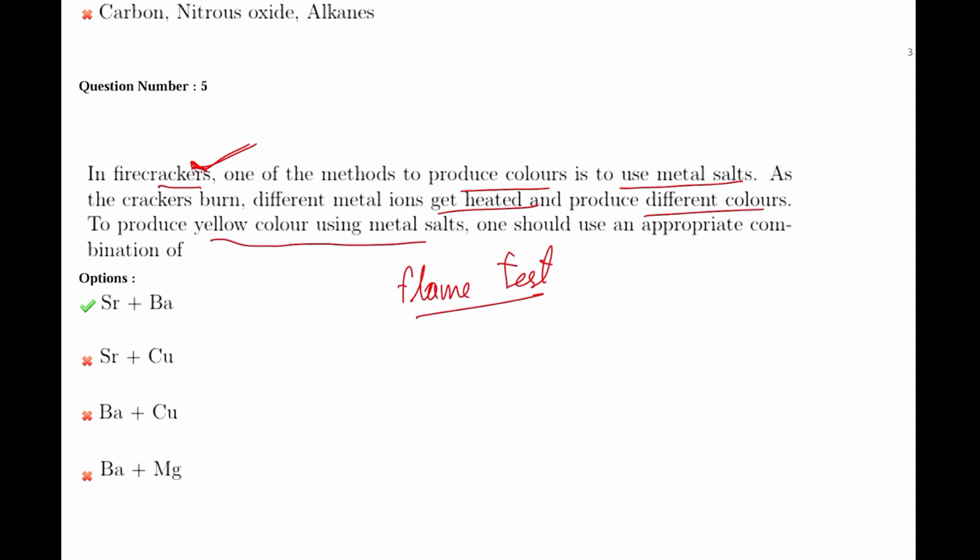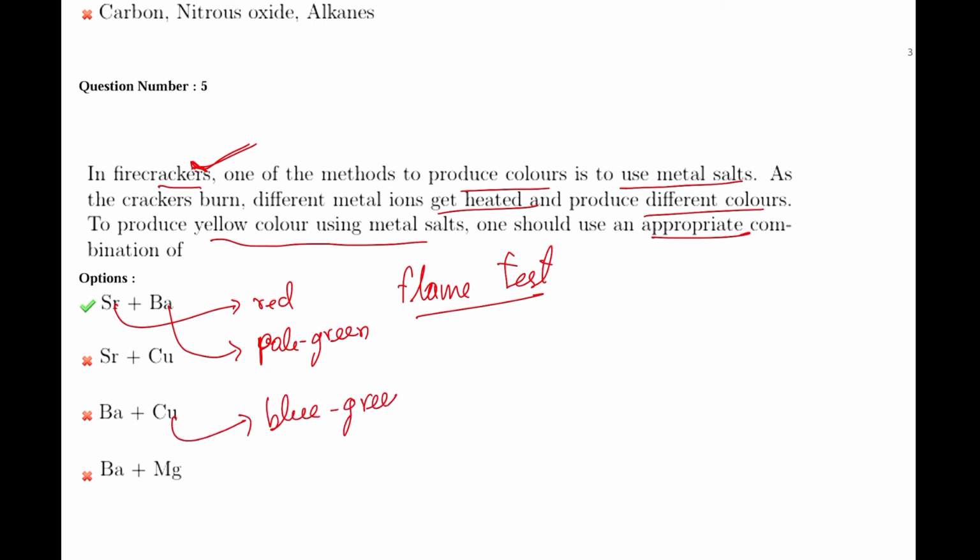Now you want to produce yellow color. Which one should you choose? Strontium gives red color. Barium gives pale green color, not yellow, because if it gave yellow, then why would you use a combination, right? Copper gives a bluish green color, and a bit light color, and this is colorless.